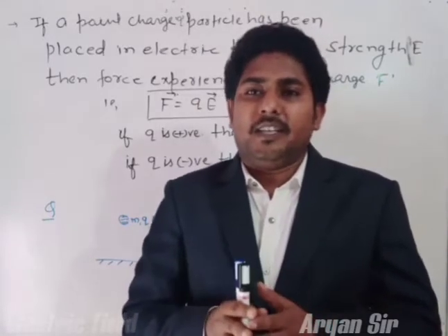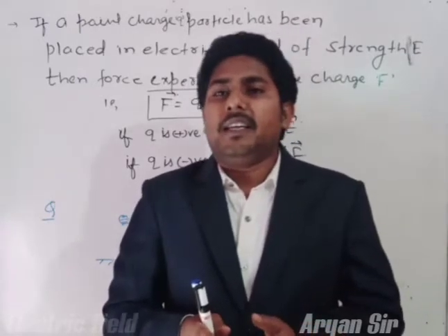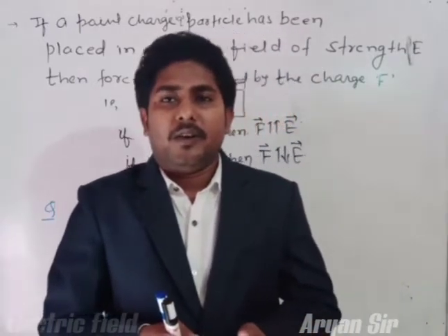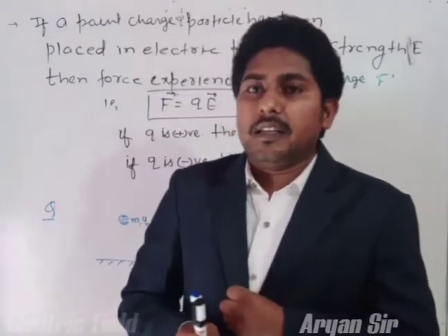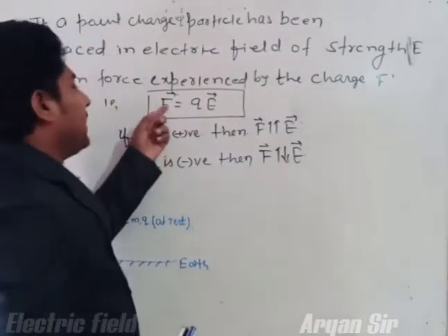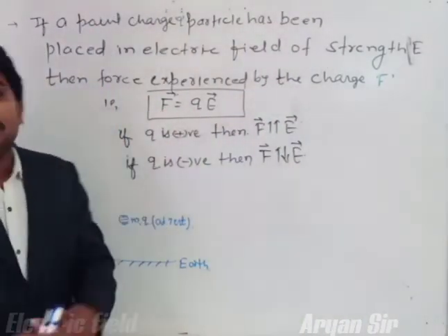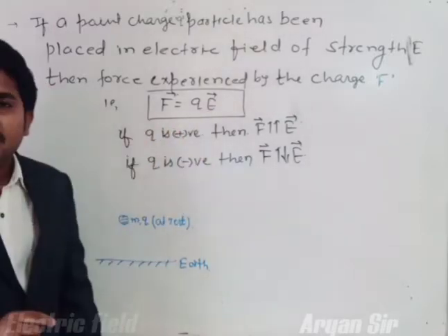If a point charge Q has been placed inside an electric field of a strength E, then it will experience a force, and the force experienced by the charged particle F can be related as F vector is equal to Q into E. So this is vector and this is vector, so we can find the direction.